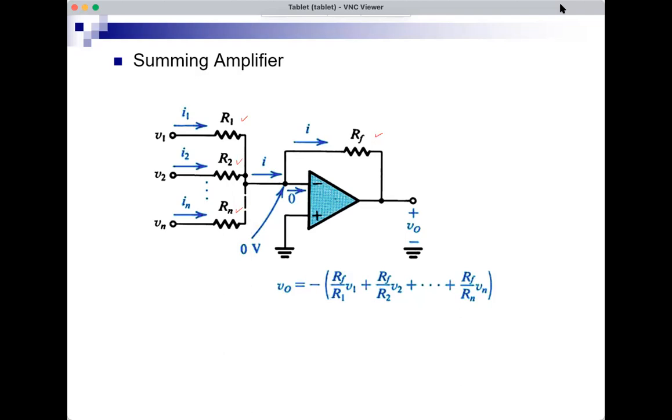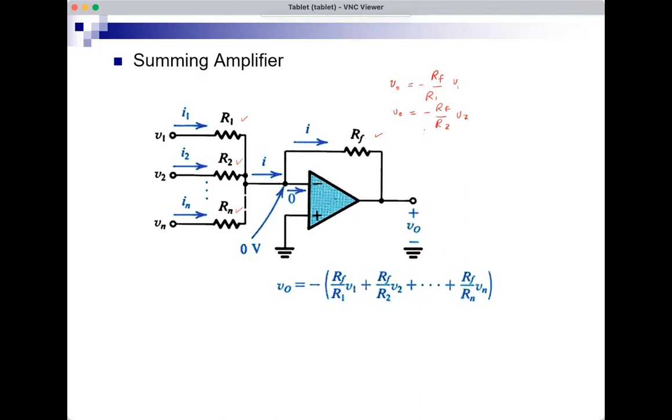And now I can apply superposition and say that if I only have V1, the output will be minus the expression that we derived, Rf over R1 times V1. If I only had V2, then the output will be minus Rf over R2 times V2, and so on.